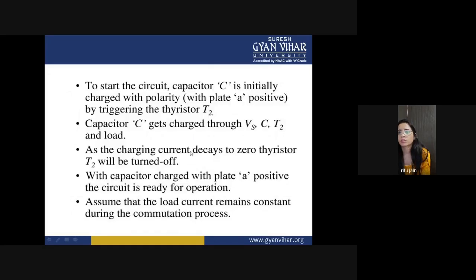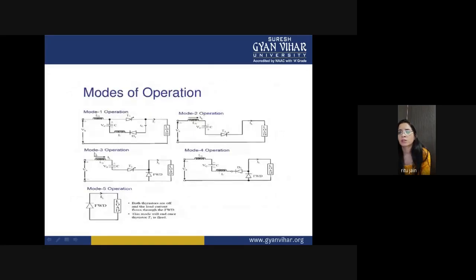So in mode 1 operation, you can see this is your diagram. Let's start with your mode 1 operation. You can see that in this mode, the capacitor is charging through your thyristor T1, because thyristor T1 is forward biased, because this terminal is positive and this is negative. So thyristor will start to conduct, and the current is flowing through this direction.